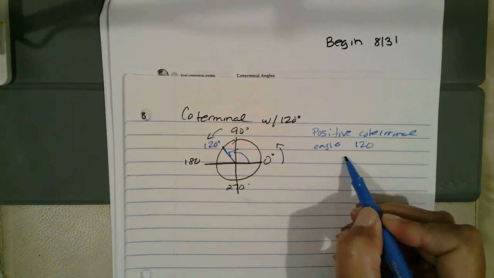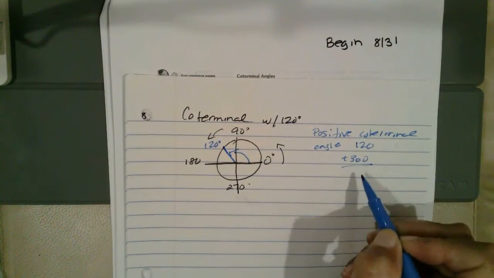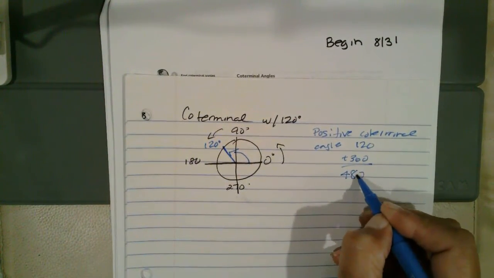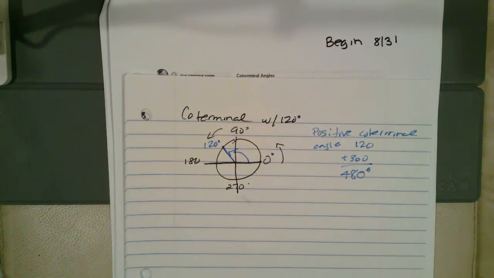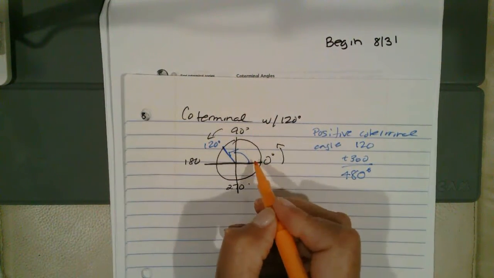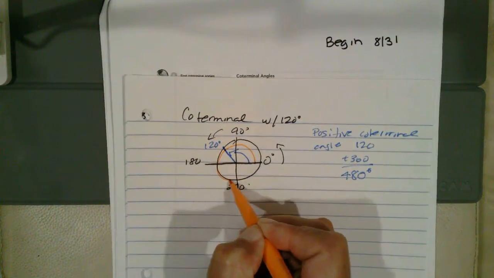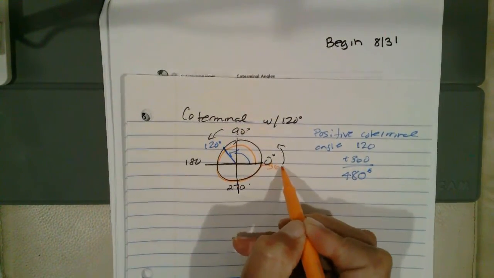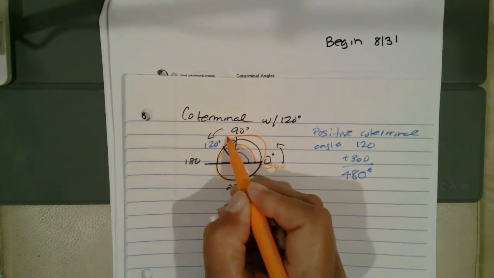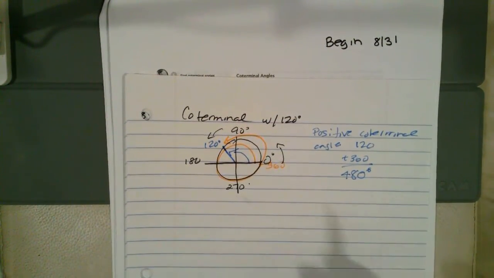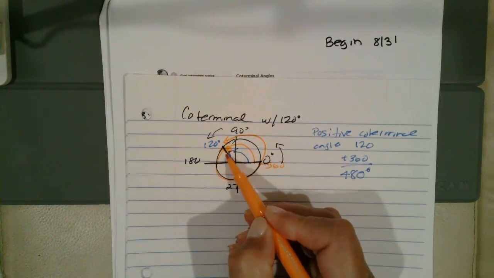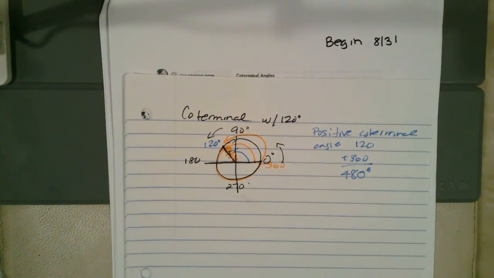So I could do 120 plus 360, and that should put me at 480 degrees for a positive angle that's coterminal. So let's just try that with our orange marker. If I want to end at the same place, I go all the way around. That puts me at 360, and then I need another 120 degrees to end up in that same position. So it is the 480 that is coterminal.